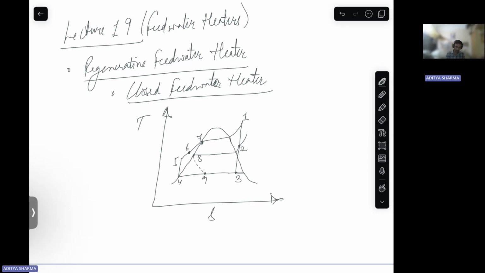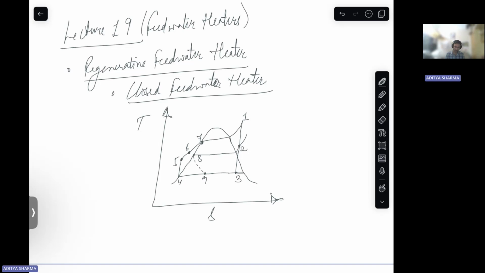Okay. From 7 towards 1 is your boiler. 1 towards 3 is your turbine. 3 towards 4 is your condenser. 4 towards 5 is your pump. 5 to 7 is your feed water heater. As the feed water moves from 5 to 6, the enthalpy is increasing.